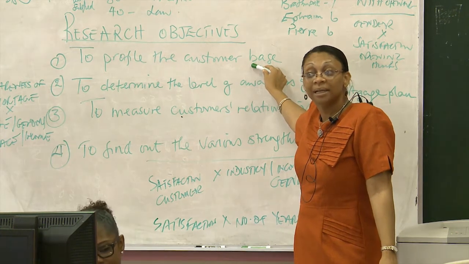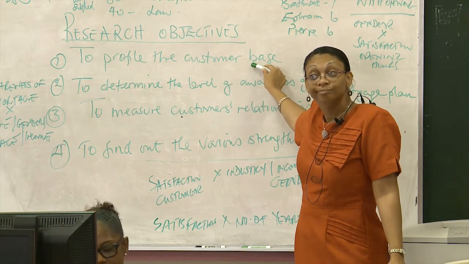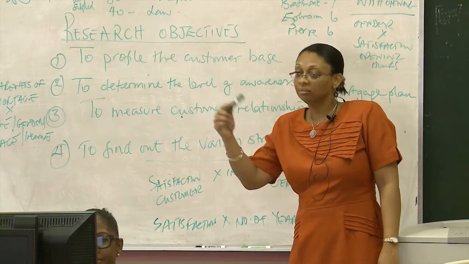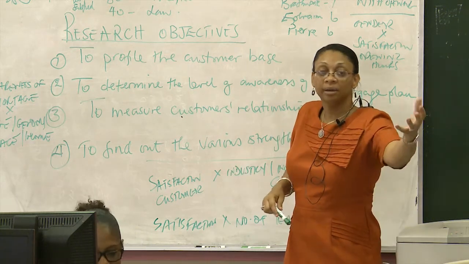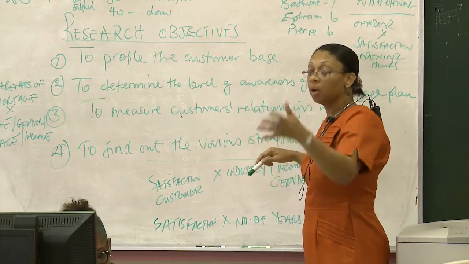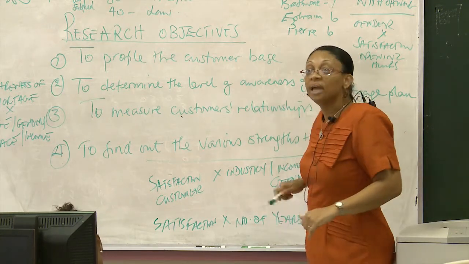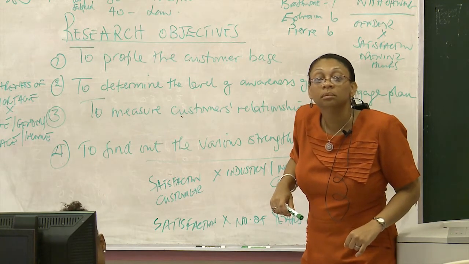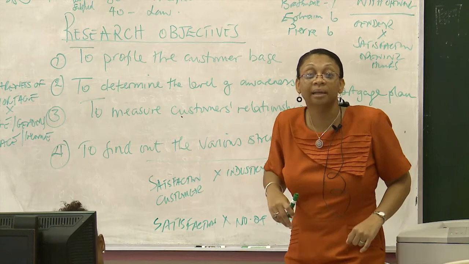Young black women working in agriculture. Either way, we find that they're on mostly two spectrums of the income continuum. Is there good awareness of the mortgage plan?